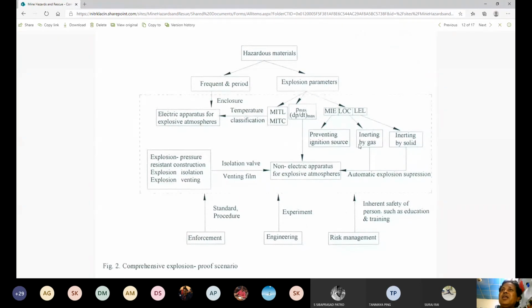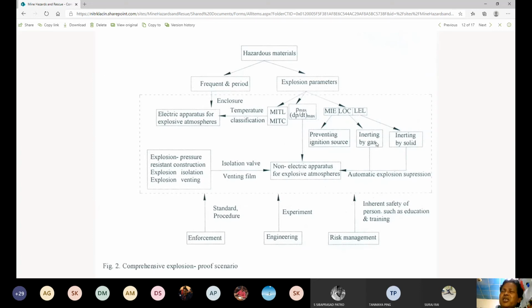Okay. Then inerting gas. Inerting means stone dust is to be used. Then inerting by solid. Inerting gas is another gas. Inerting solid is stone dust. If coal dust is there, you can use the stone dust to inert it.